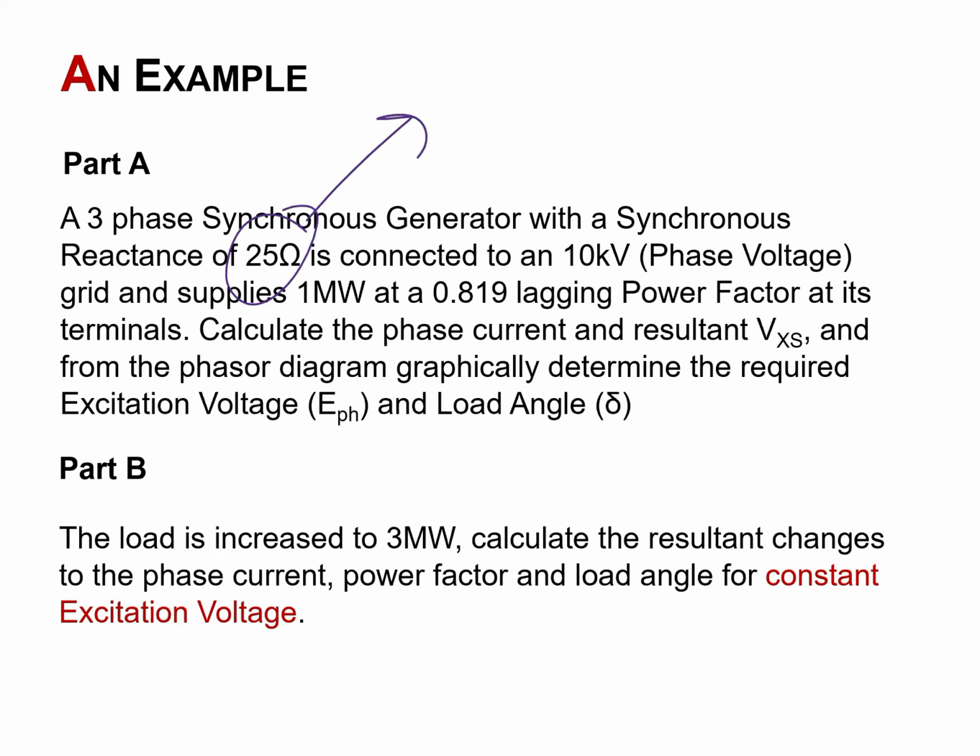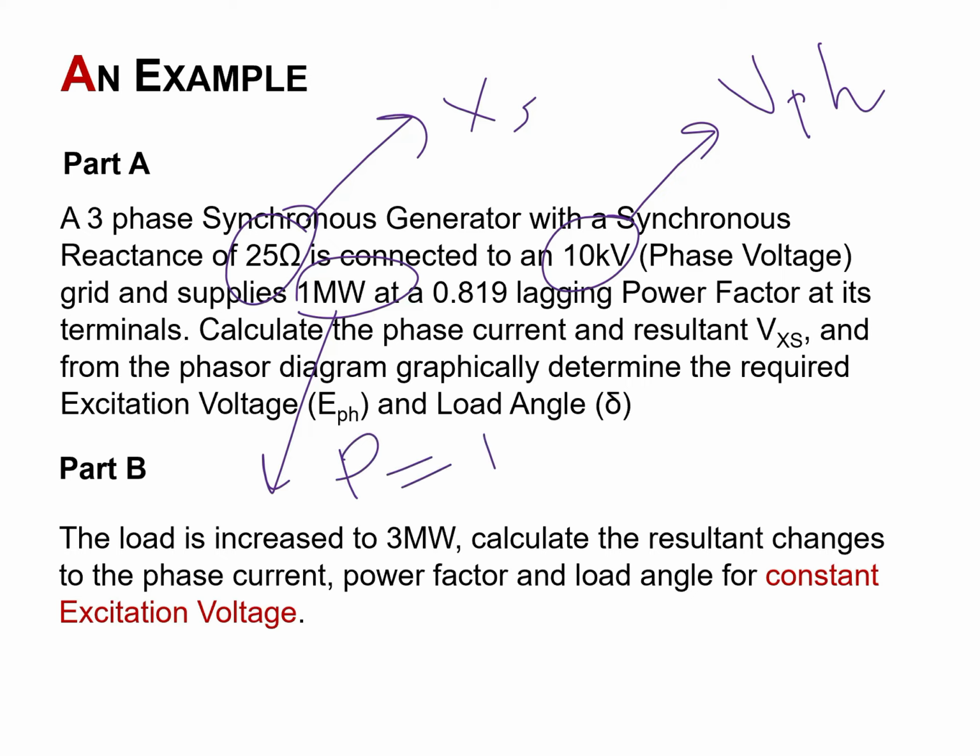This parameter is XS, and this one over here is the per phase voltage, and we have the output real power, 1 megawatt, and then we do have the power factor, so this is cosine theta.